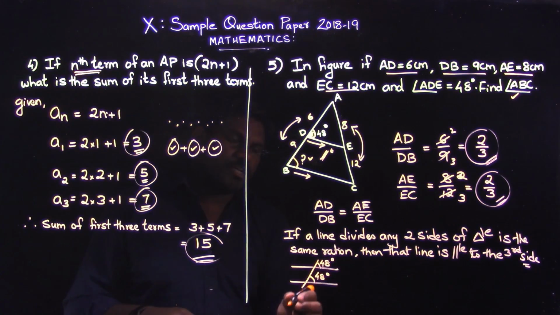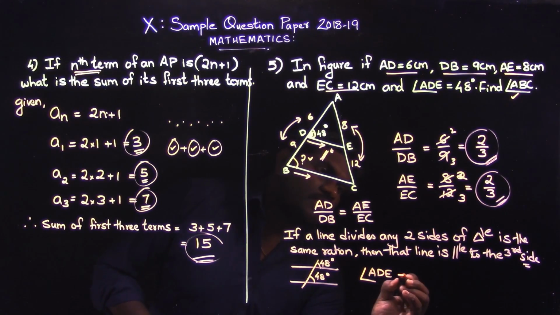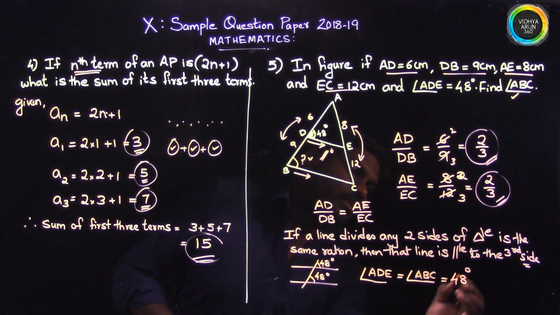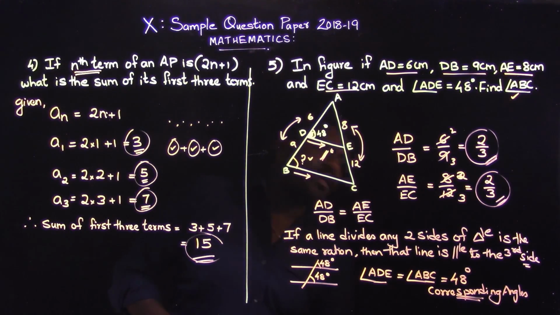So therefore angle ADE is equal to angle ABC, which is 45 degrees. What is the reason behind it? Corresponding angles. So that's why it's going to be the same. So this is your answer for the fifth question.